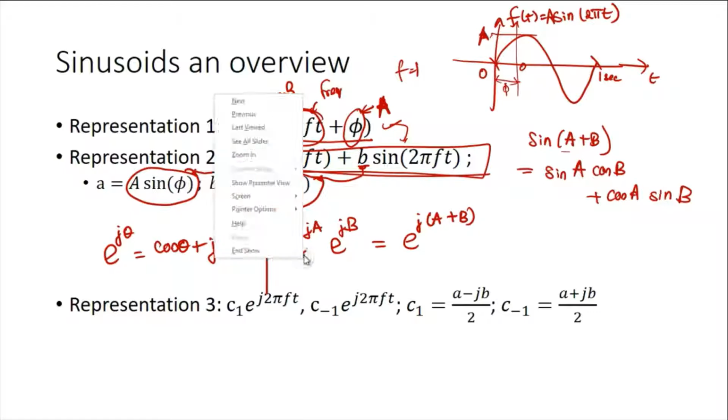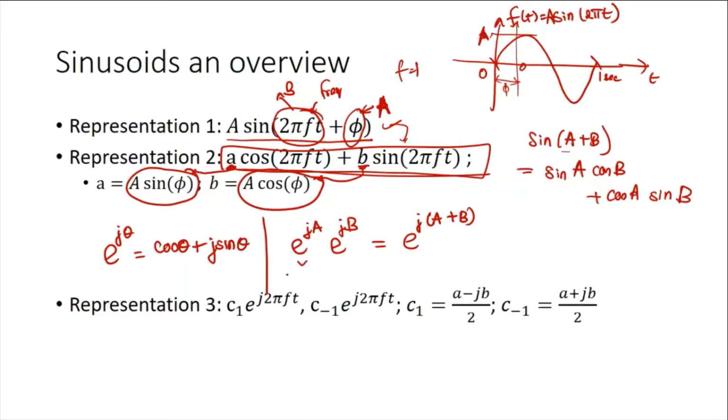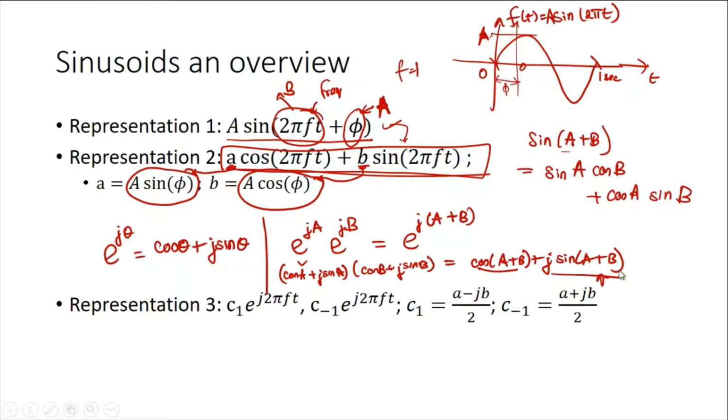Whereas now you can expand this as cos a plus j sine a, and then this one as cos b plus j sine b equals cos of a plus b plus j sine of a plus b, and then equate the real and imaginary parts, and you should be able to get the identities for sine a plus b and cos a plus b after multiplying these two.